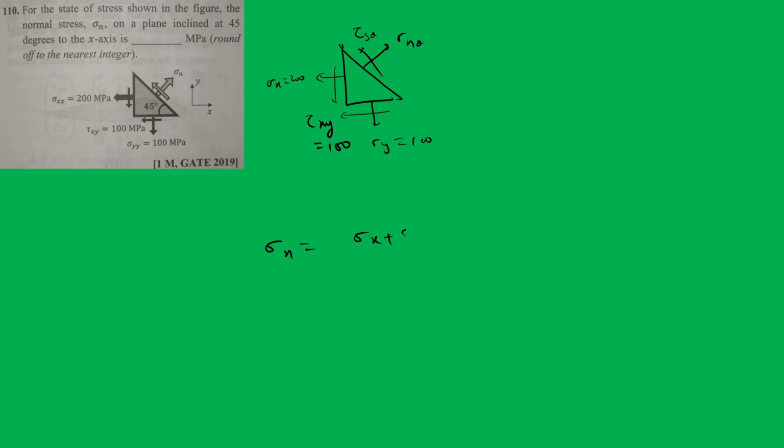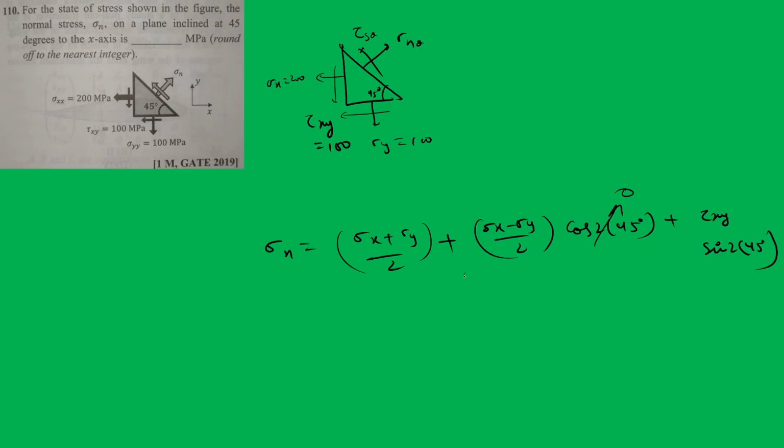Sigma n is equal to (sigma x plus sigma y) by 2, plus (sigma x minus sigma y) by 2 times cos 2 theta, plus tau xy sin 2 theta. This angle is 45 degrees, so 2 theta is 90 degrees.